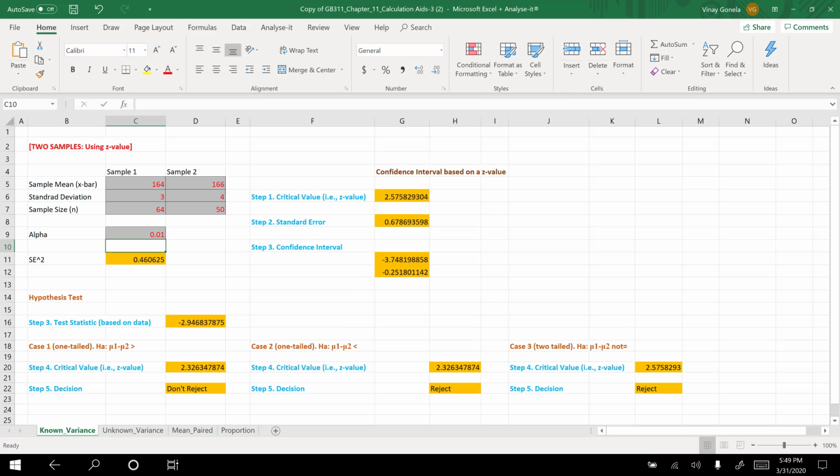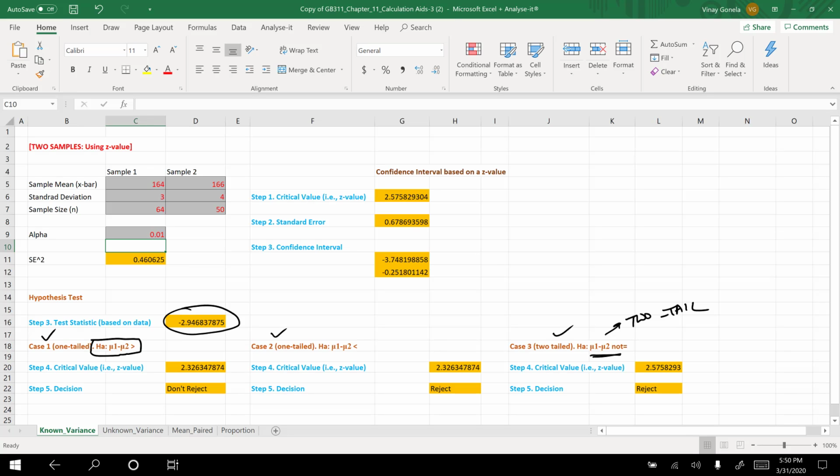Now if you see, we have our test statistic value, which is negative 2.94. Now which case to use? Case 1, case 2, case 3. Mu1 minus mu2 not equal is a two-tail problem, so we will eliminate this. Let's look at the H alternative values.